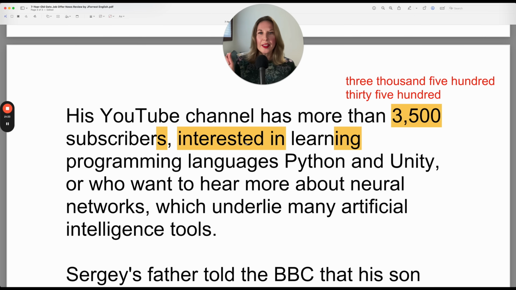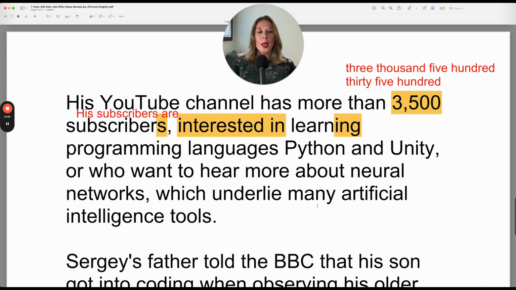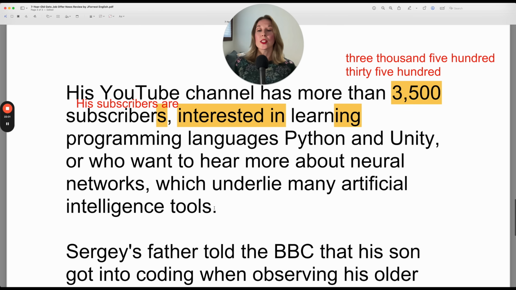If you were to say this as a sentence, you could say "his subscribers are," because it's "to be interested in." So you would add that auxiliary verb "are" because subscribers is plural. Are interested in learning programming languages, and then the two programming languages, Python and Unity, or who want to hear more about neural networks, which underlie many artificial intelligence tools.